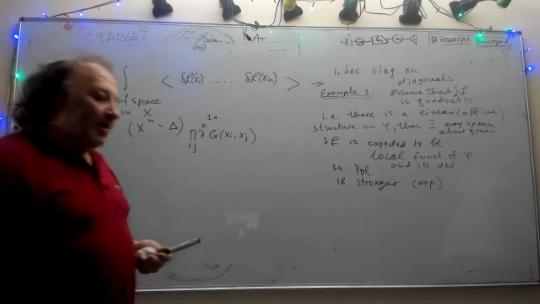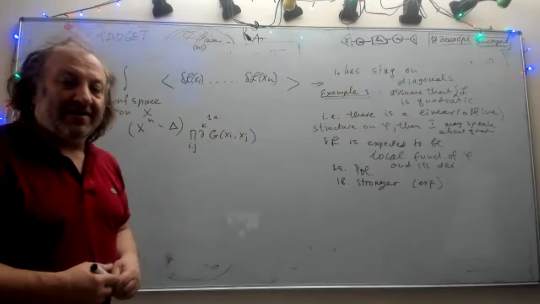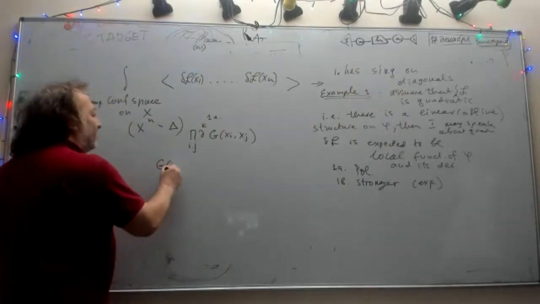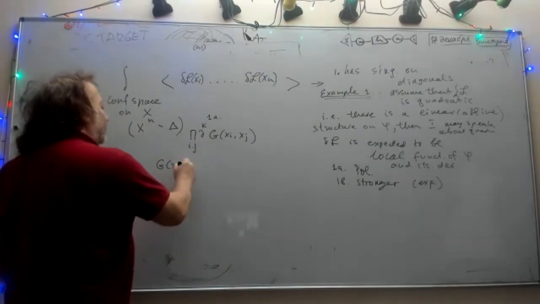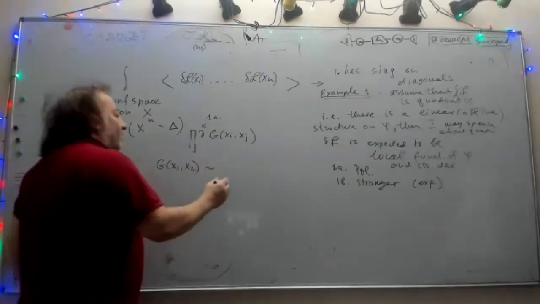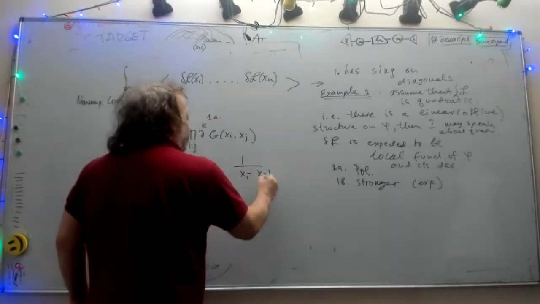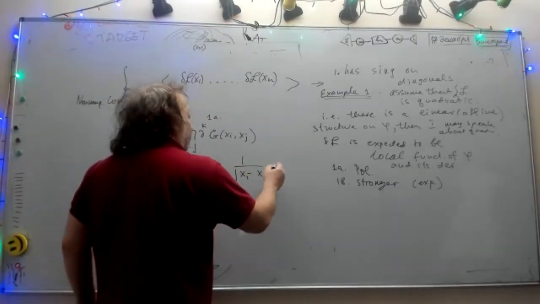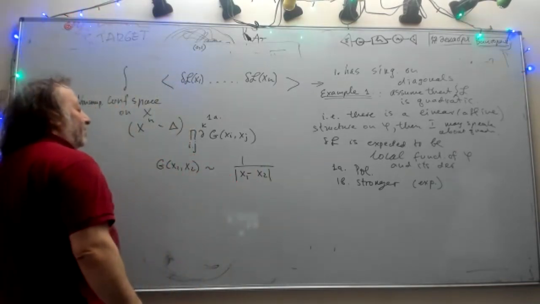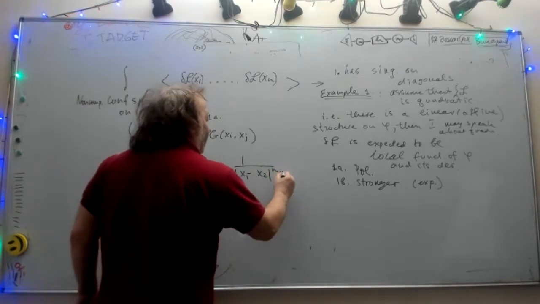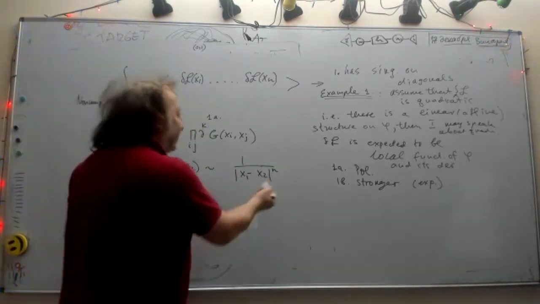The Green function is a Green function of the elliptic operator. And you may check that the Green function goes like some integer power, N. Okay. So it goes like this.